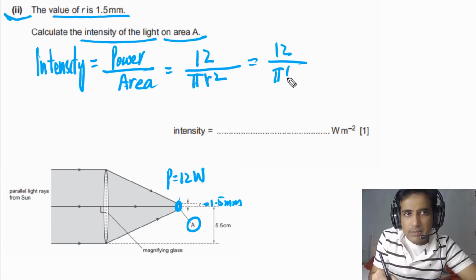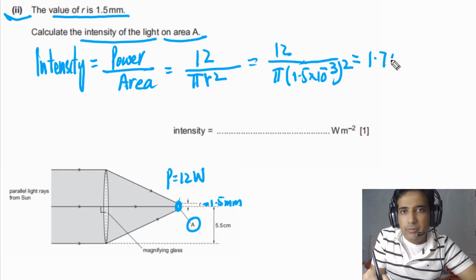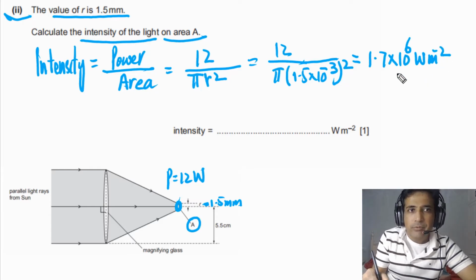We have pi here, and the value of r is 1.5 mm, so we multiply with 10 to negative 3, and take the square of this. If we solve this, our answer will be 1.7 times 10 to 6 watts per square meter, and this is the value of intensity on area A.